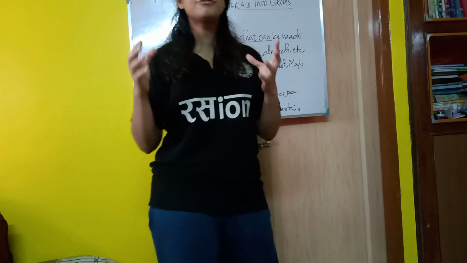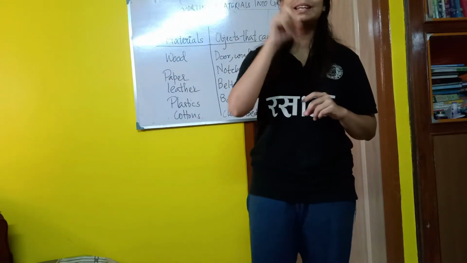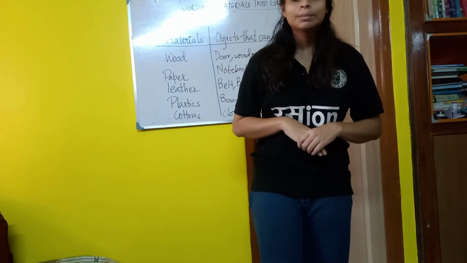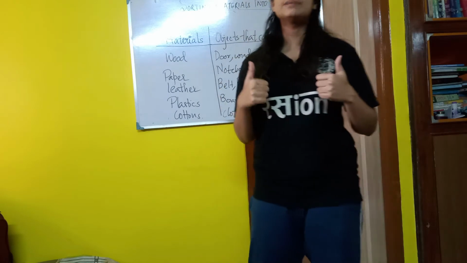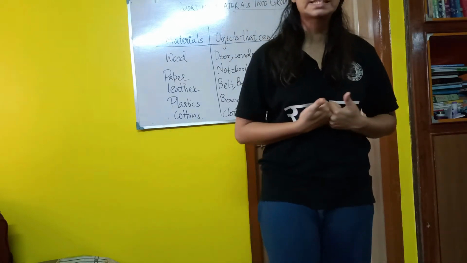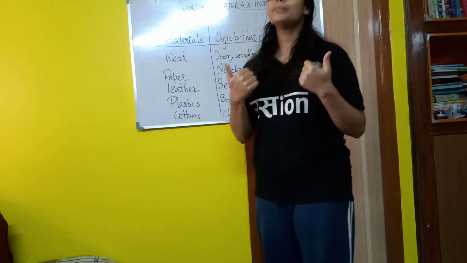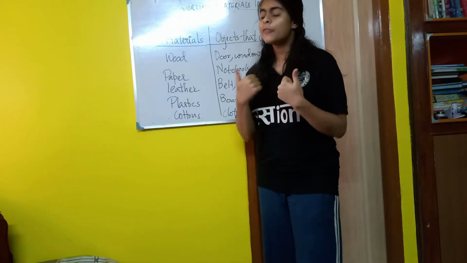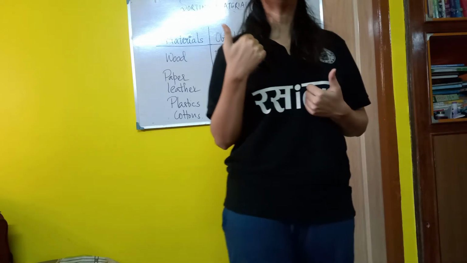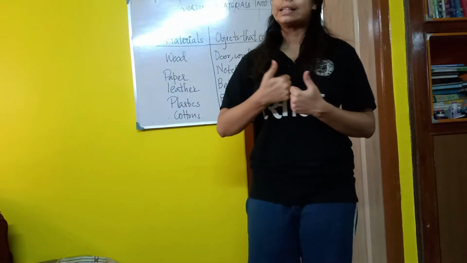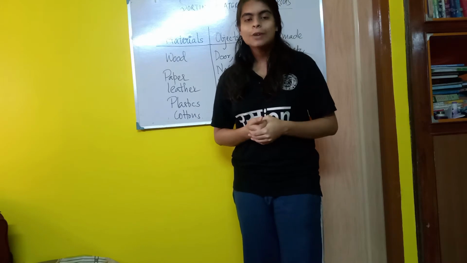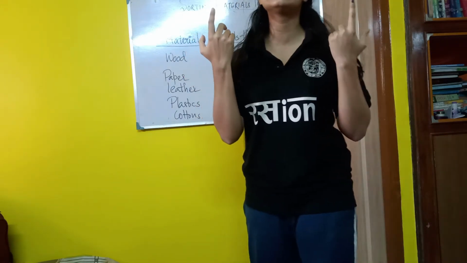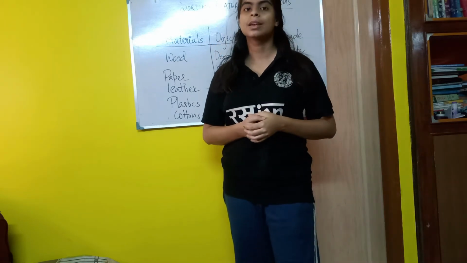Let's take another example, a bottle. Why is a bottle not made up of a piece of cloth? Because a bottle is used for keeping water and liquid items in it. If we make a bottle or tumbler with a piece of paper, the water will pass through it because it contains many holes. Not all materials can be used for making the same item.